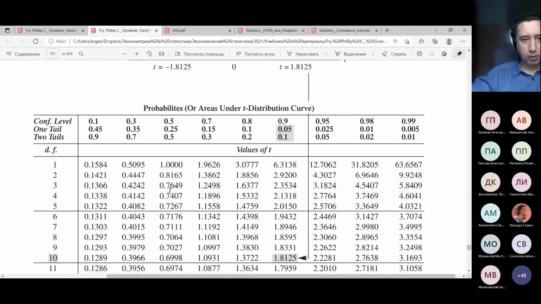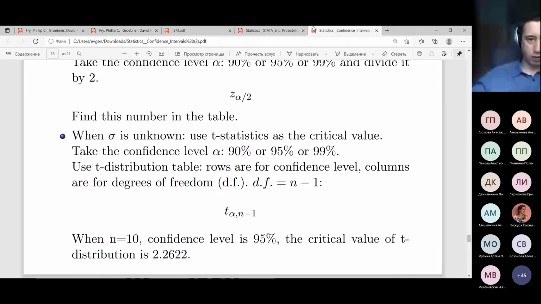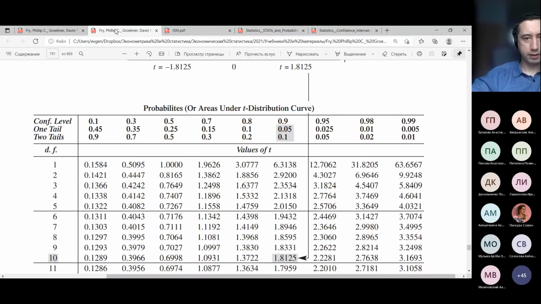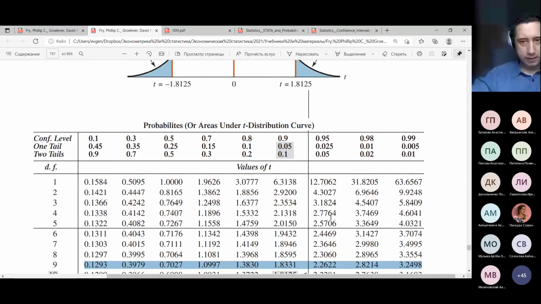Now we have to use our table. Our degrees of freedom is 9, and we have to work with this row. Our alpha is 0.05. Let's take this one. And this is our number. Just look at this row and find the right number: 2.2622.